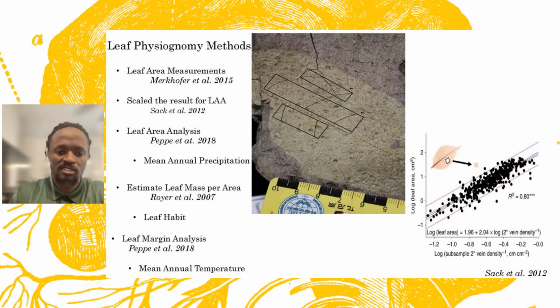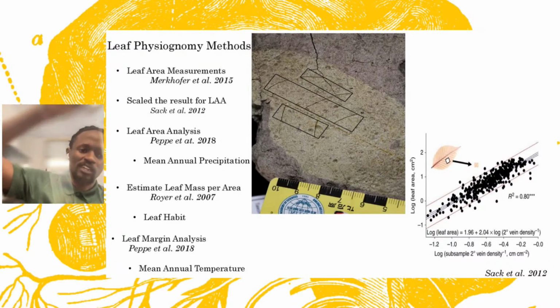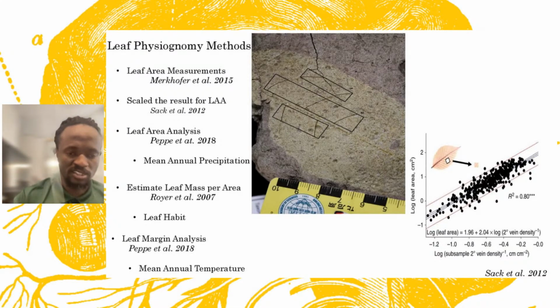Since most of these leaves are pretty fragmented, the first thing we do is try to reconstruct the leaf area. Even though the whole leaf is not well preserved, we can measure the small boxes as shown in that green figure with those black boxes right there. We use a method called leaf vein density measurement, where you take a leaf with all the veins coming off of it. When you have one leaf, the primary vein runs from the top to the bottom, and all the veins connecting to it are what we call the secondary venation.